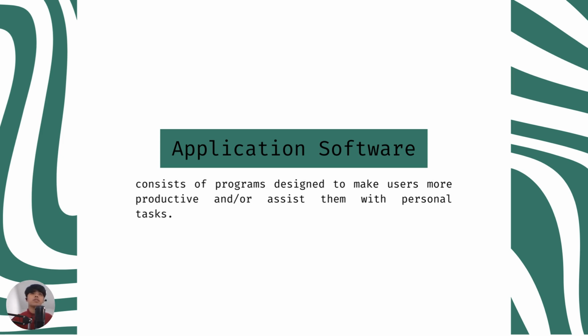Application software consists of programs designed to make users more productive and/or assist them with personal tasks. So any software applications that we talked about earlier consist of different specific instructions designed for different tasks.